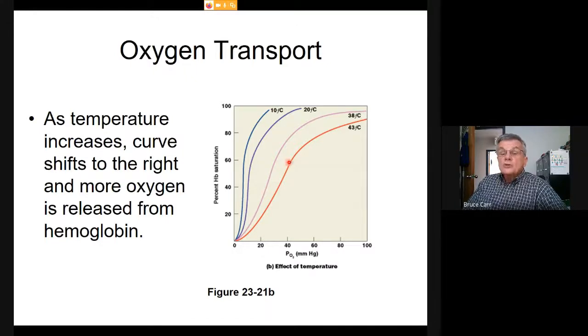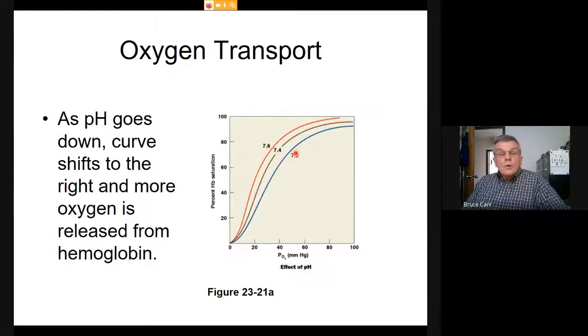So we're releasing 20% more oxygen when we increase the body temperature by 5 degrees, in line with what we want hemoglobin to do. When we change the pH, you'll notice if we start here around 40 again, we're going from about 78 to about 62. Again, hemoglobin releasing oxygen as the pH decreases.